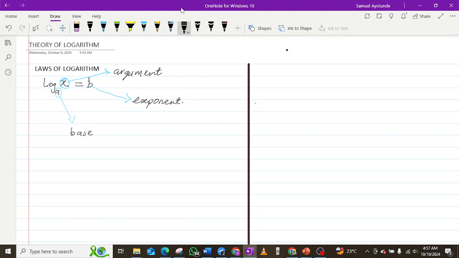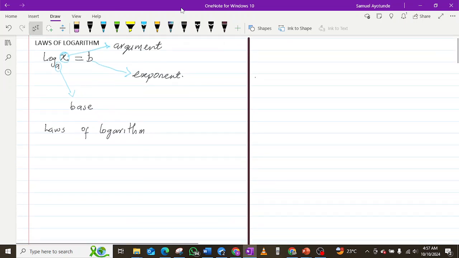So we talk about the laws of logarithm. Now, the first law says we have log base a of m times n.